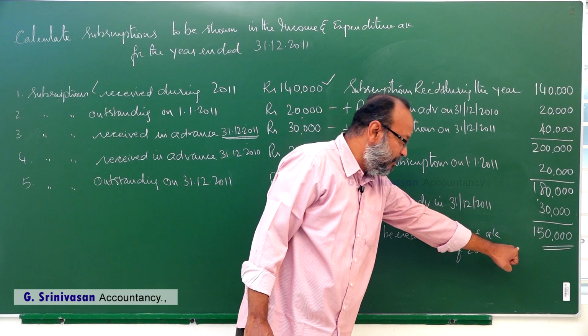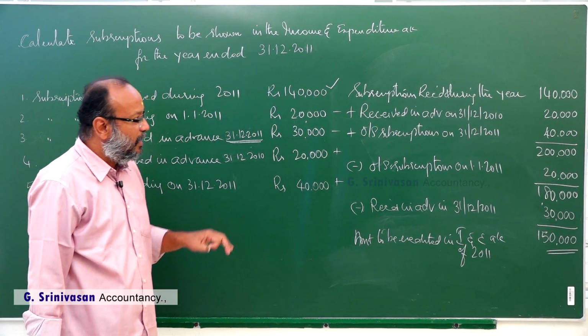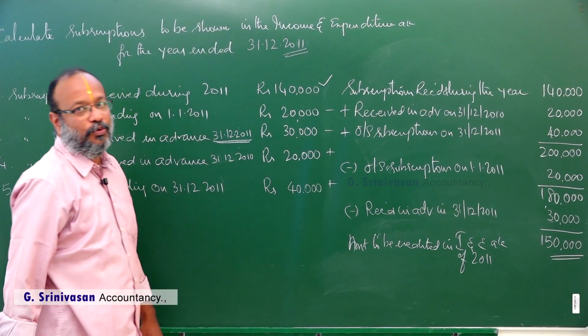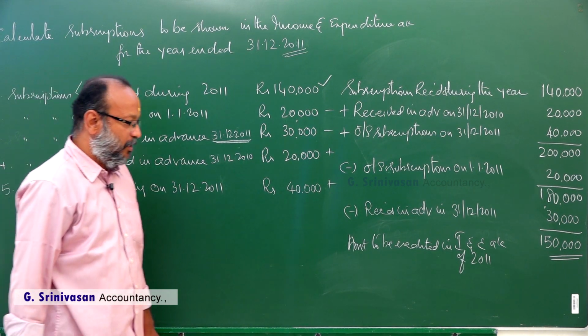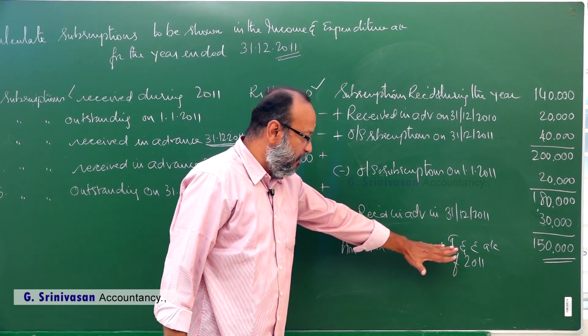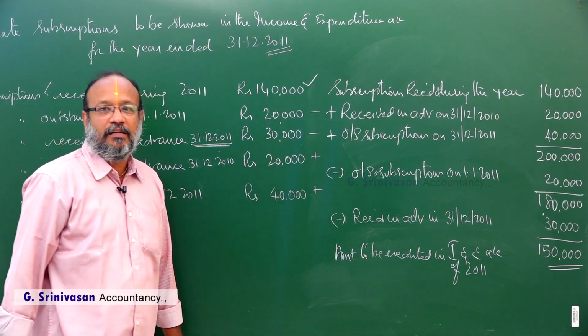So 1,50,000 is the amount which is related to the current accounting year, that is 2011, and so we have to credit only that particular amount. And so we have come to a conclusion that amount to be credited in income and expenditure account of 2011 is 1,50,000.